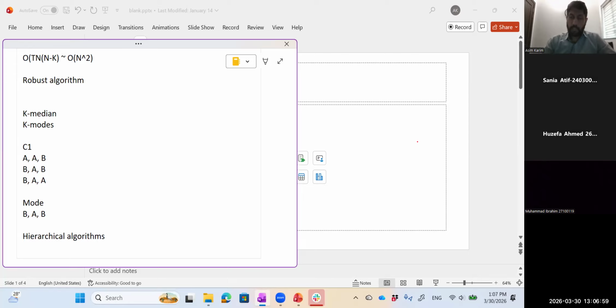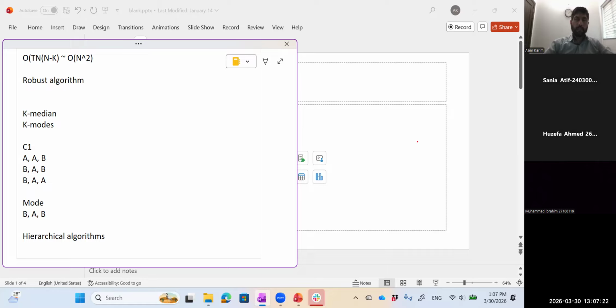Now, in hierarchical clustering, as the name suggests, we are clustering the data, you can say, in steps. So we are not doing it directly.